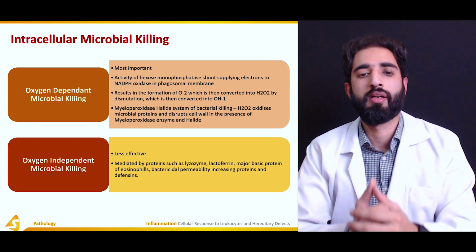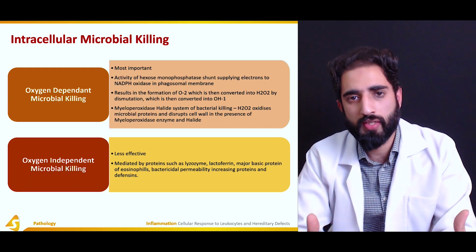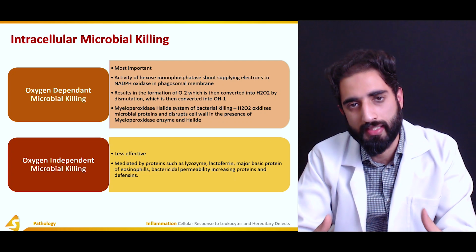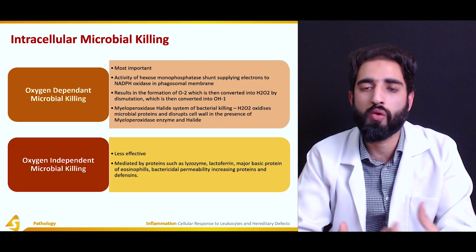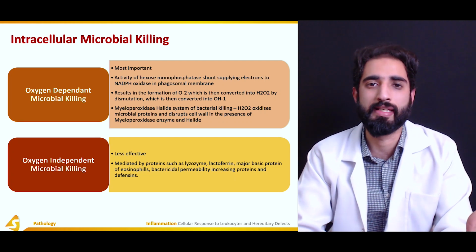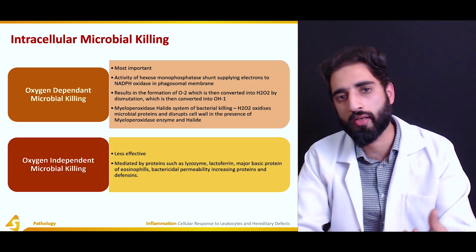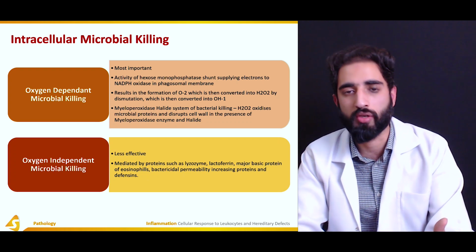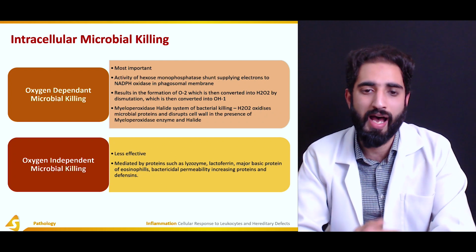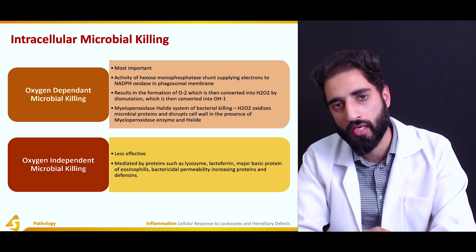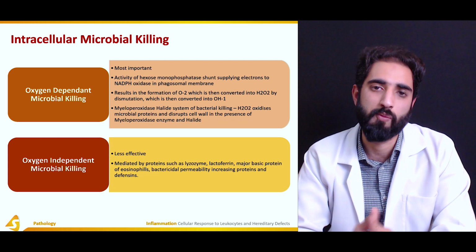Now, in phagocytosis, when anything is engulfed or internalized and it is degraded, the question arises: how is it degraded? So the microbe or the microorganism is killed via two different procedures, either oxygen dependent or oxygen independent.